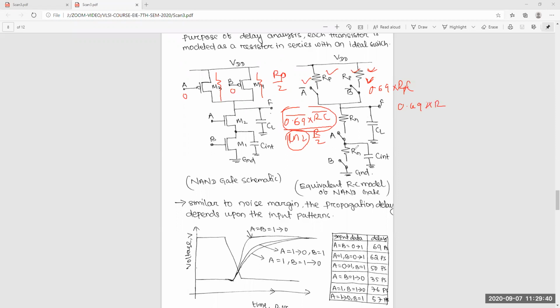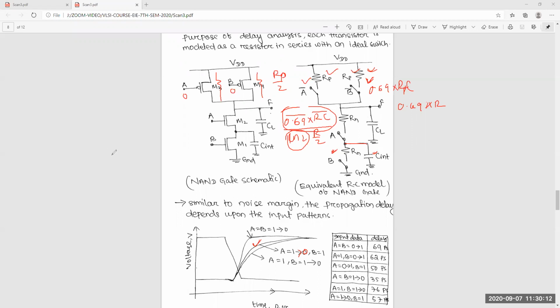But the difference is for this one: A is equal to 1 to 0 with B equal to 1, and A equal to 1 with B equal to 1 to 0. These two differ only because of this C internal. So now you can understand this very deeply.